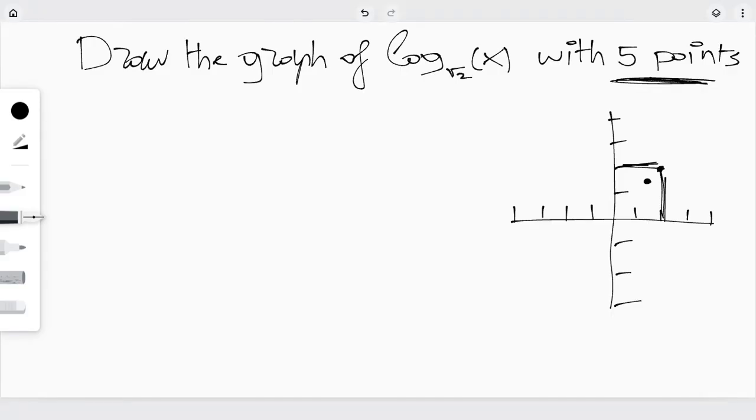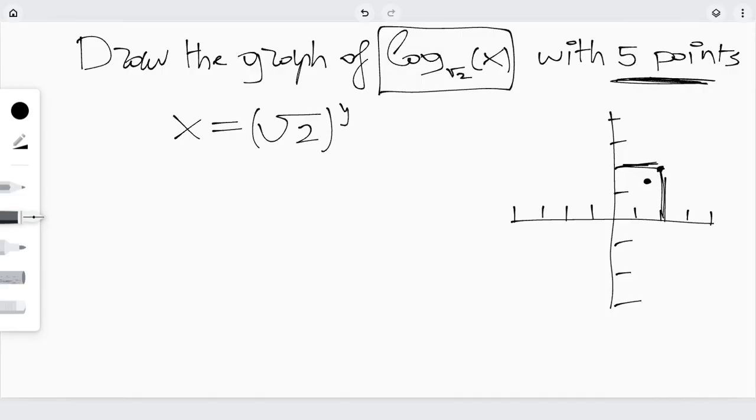And we are going to do that based on our knowledge about logarithms, namely that if we see this form, log with base square root of 2 of x, that this x is equal to the square root of 2 to some power y. Why is that?